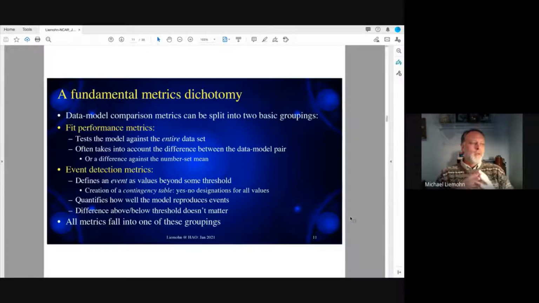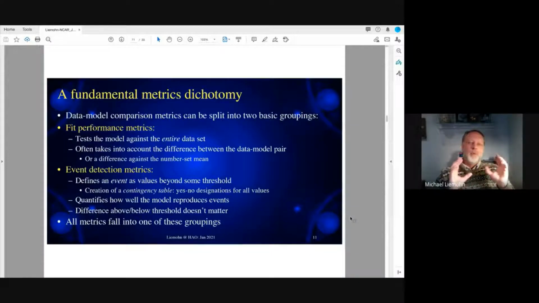That's one set. That's where RMSE lives, for instance. The other set is the event detection metrics. And that's where you specify a threshold for event identification in the data and the model. Sometimes those are separate because sometimes the model is actually a driver that doesn't even have to be related to the specific units of the data in this case.